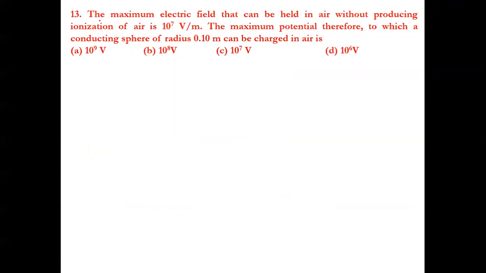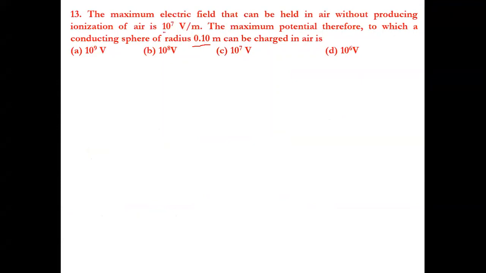Read the question. The maximum electric field that can be held in air without producing ionization of air is 10 to the power of 7 volt per meter. The maximum potential, therefore, to which a conducting sphere of radius 0.1 meter can be charged in air.